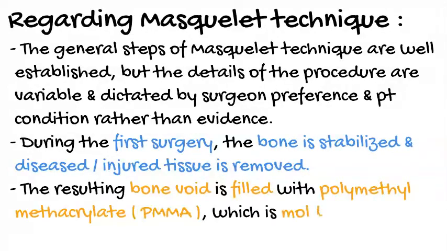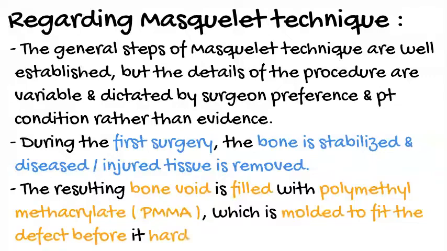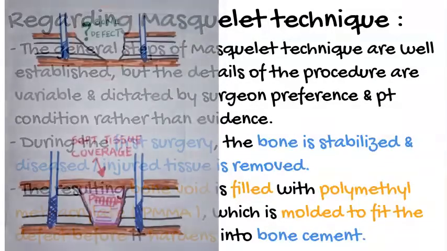During the first surgery, the bone is stabilized and the diseased or injured tissue is removed. The resulting bone void is filled with polymethyl methacrylate (PMMA), which is molded to fit the defect before it hardens into a bone cement.